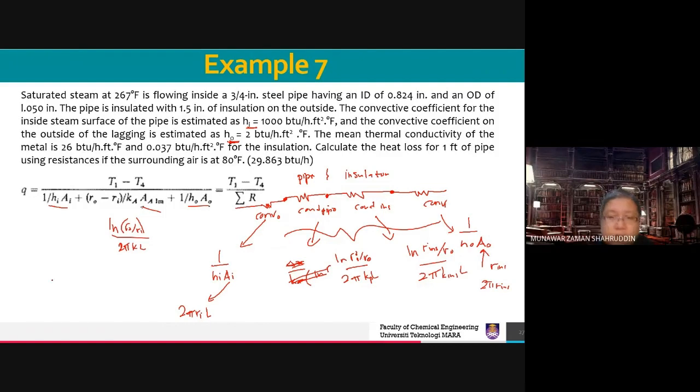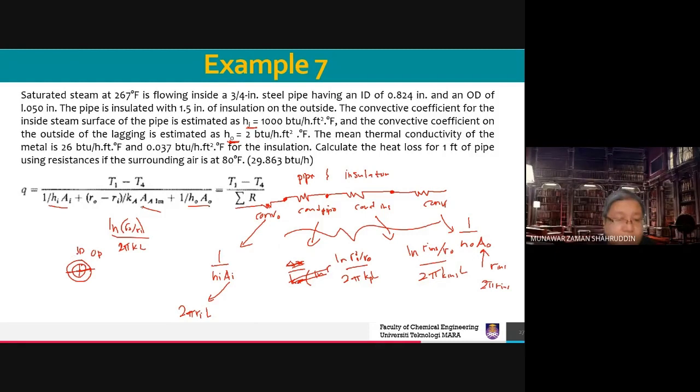So kalau you lukis sistem tu, this one is pipe. Okay. So ni pipe ni dia ada OD dengan ID. ID dan OD. So OD kat luar. Okay, OD. Yang ni adalah ID. Okay. Kecil ni ID, yang besar ni OD.